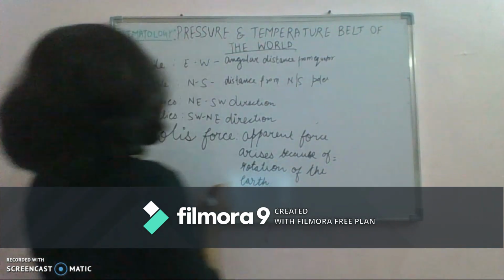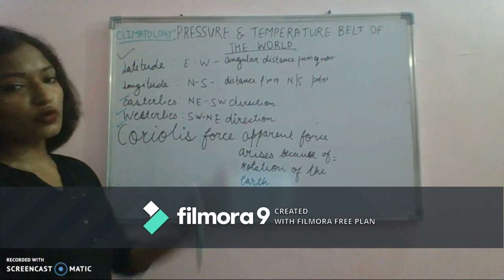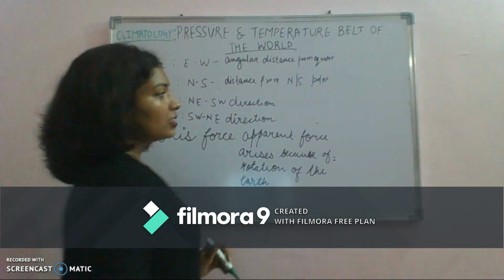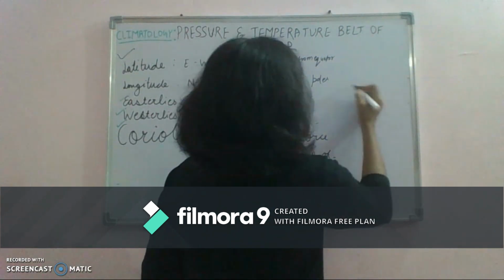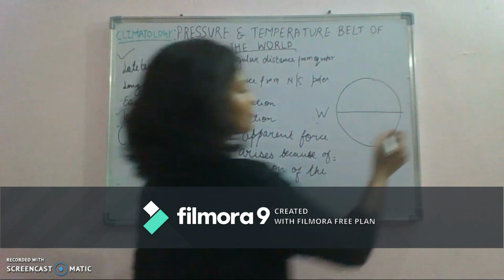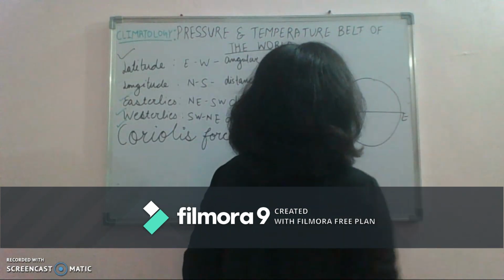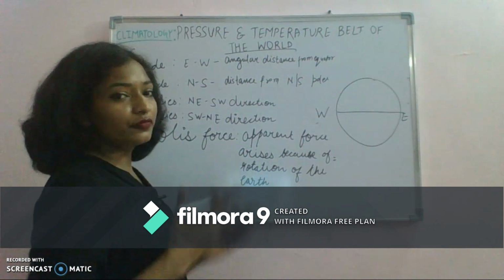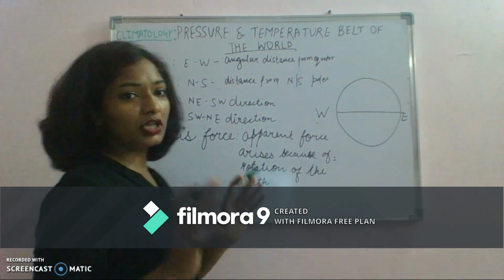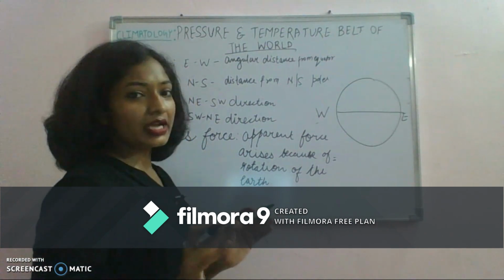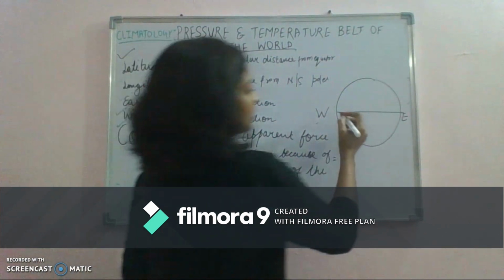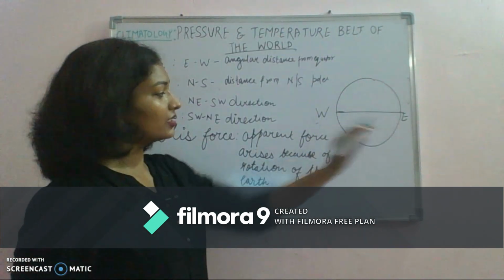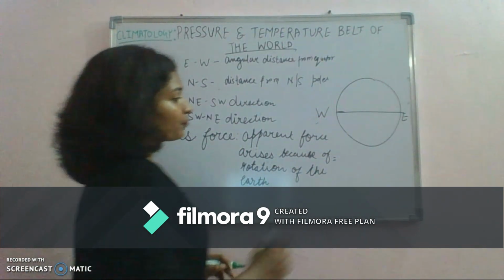Next we have the Coriolis force. The Coriolis force is an apparent force which arises because of the rotation of the earth. As we all know, the earth moves from west to east. While rotating, it exerts a kind of theoretical force which doesn't actually exist, but because of the rotation we feel its effect, that is the Coriolis force.